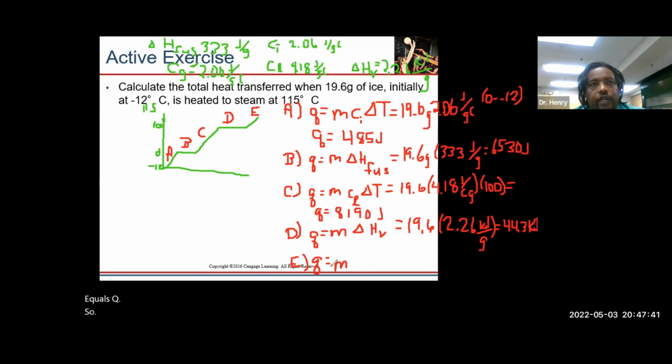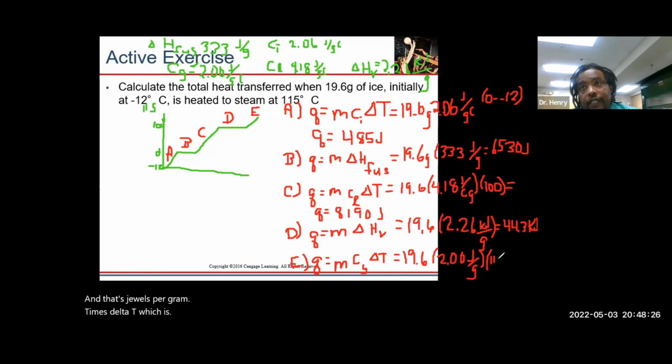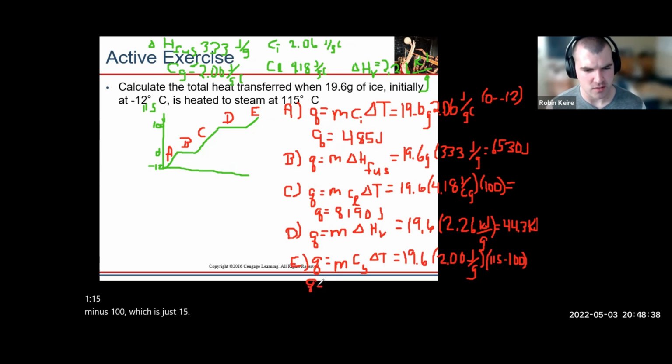So I said Q equals MC gas delta T. So now we have 19.6 times 2.00, and that's joules per gram, times delta T, which is 115 minus 100, which is just 15. And I got 588 joules.